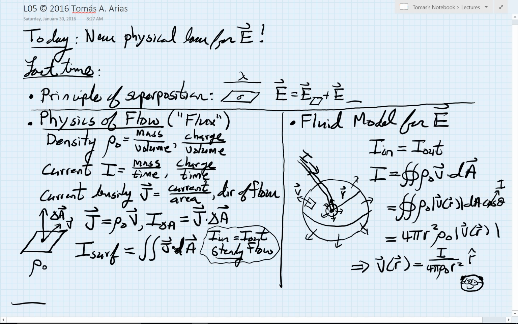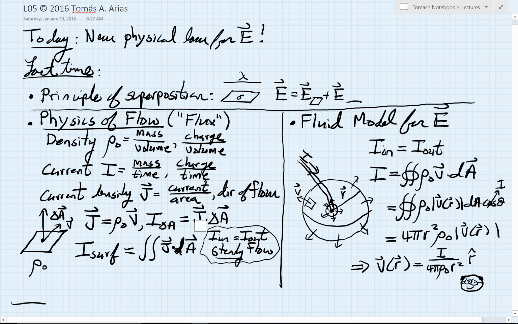If the velocity is straight towards the area, I'm going to get quite a lot of flow going through it, as opposed to if the directions are a little bit different. If the velocity is actually parallel to the surface, coming this way, there will actually be no flow through the surface.